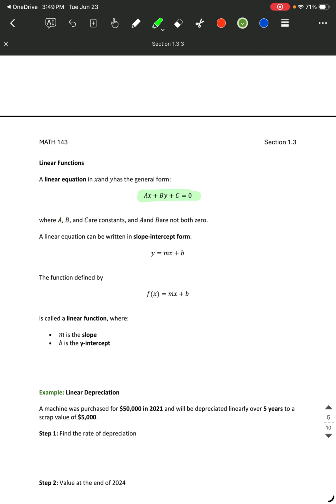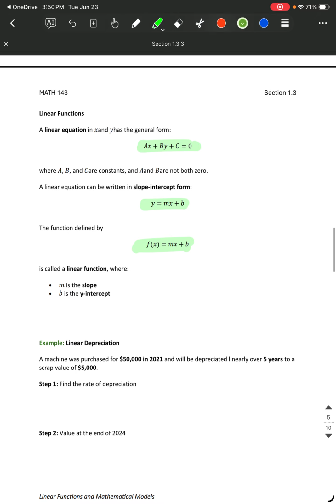More commonly, we write linear functions in slope-intercept form. I hope you remember that. The slope-intercept form, y equals mx plus b. On the other hand, we can define the function f of x equals mx plus b. Here m is the slope value, b is the y-intercept value.